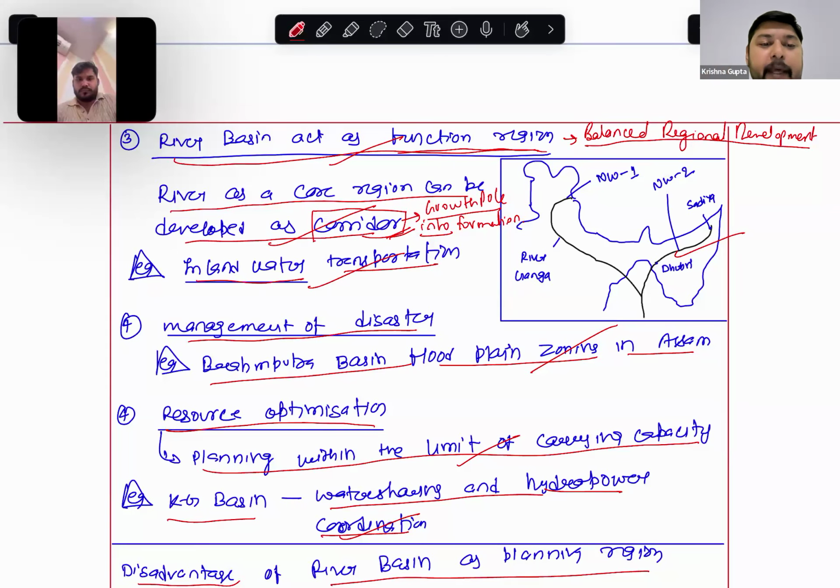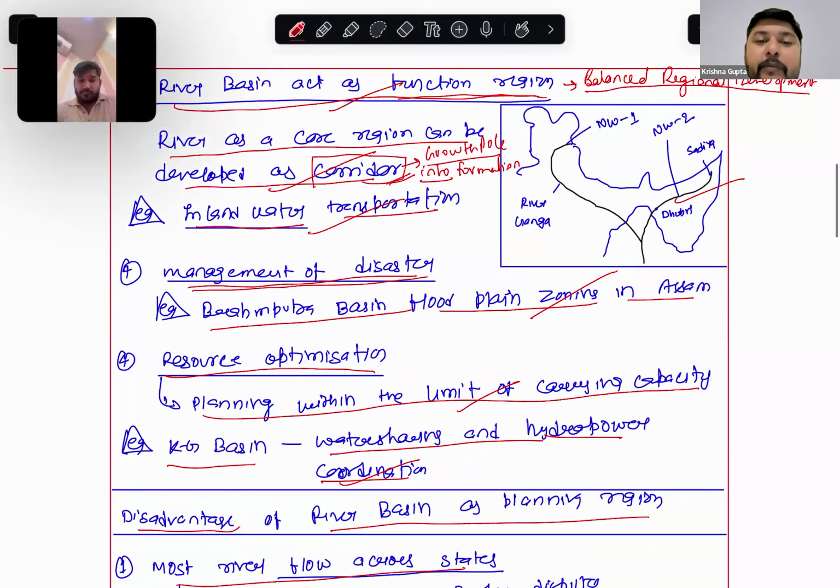Now here it is the management of disasters. So Brahmaputra Basin, flood zonation. We are already looking at it here.